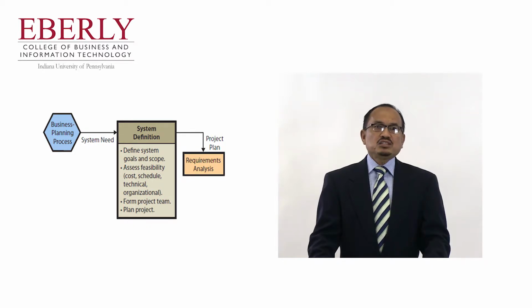Assess feasibility. This step answers the question, does this project make sense? The aim here is to eliminate obviously nonsensical projects before forming a project development team and investing significant labor. Feasibility has 4 dimensions: cost, schedule, technical, and organizational.